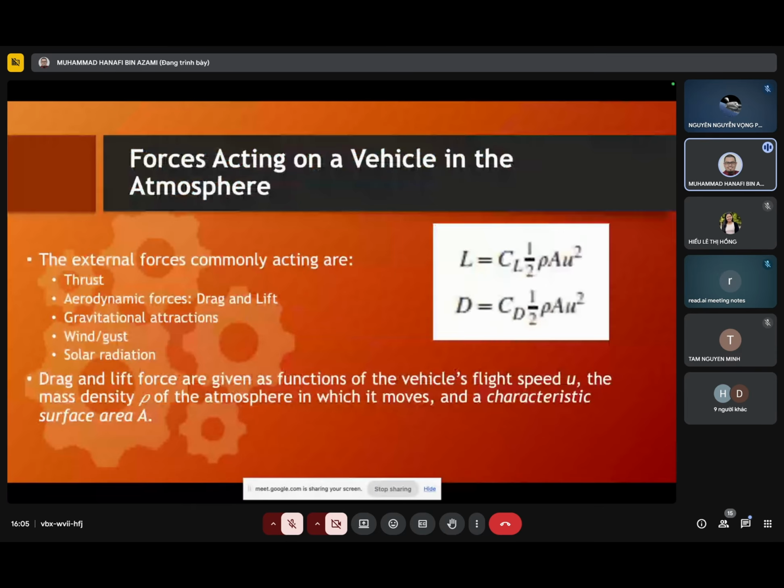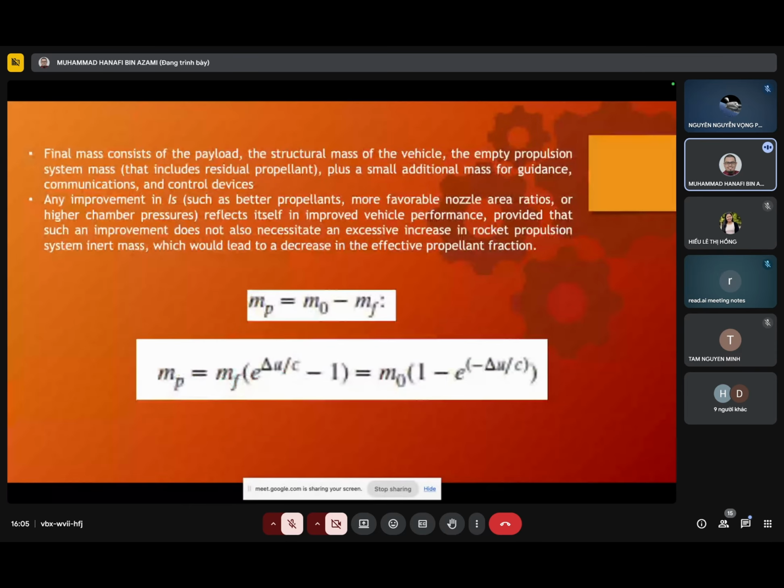So from the mission, you can calculate the mass of the propellant that you can bring, or how much mass of the payload and structure you can tolerate.